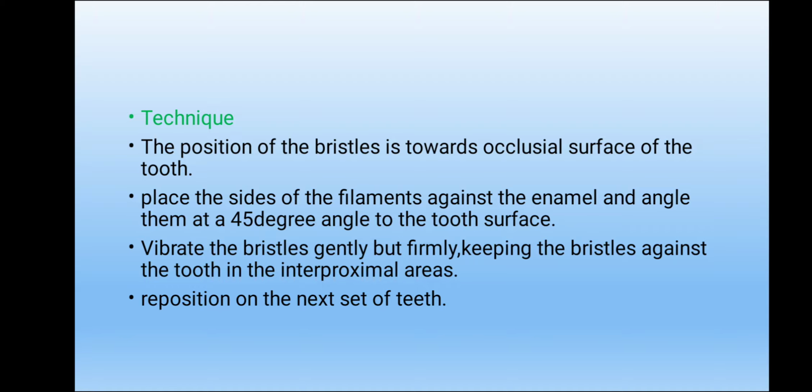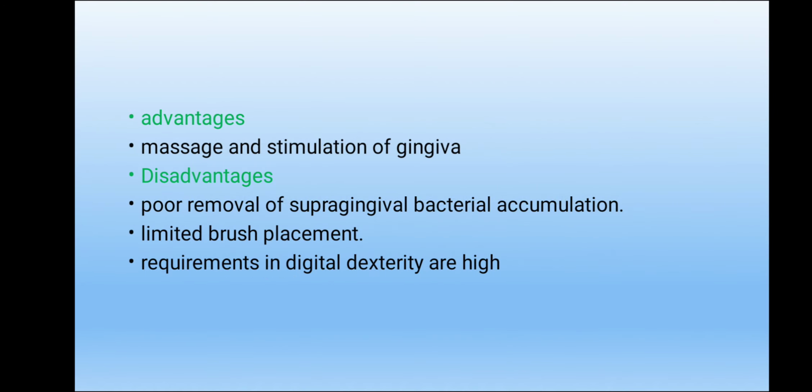Now reposition it on the next set of teeth. Advantage of using this method: it massages and stimulates the gingiva. However, it is a poor removal of supragingival bacterial accumulation and has a limited brush placement. Also, it requires high dexterity.